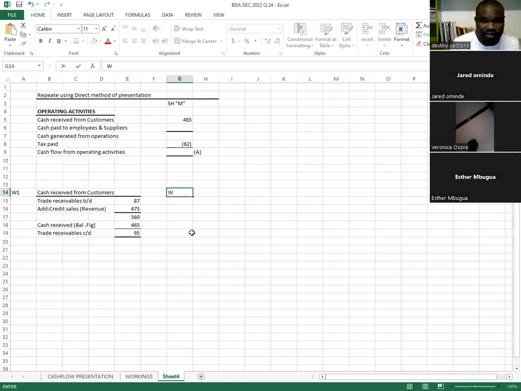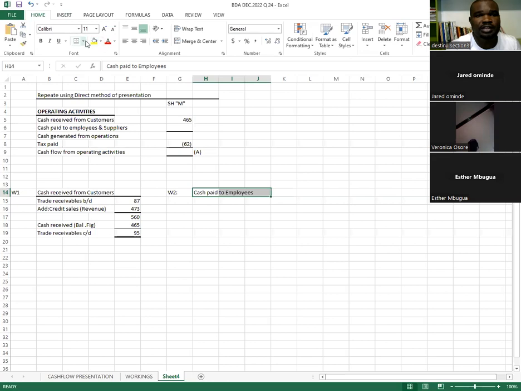I've said workings, they have recommended to be done in the same page. So working two, you say cash paid to employees.